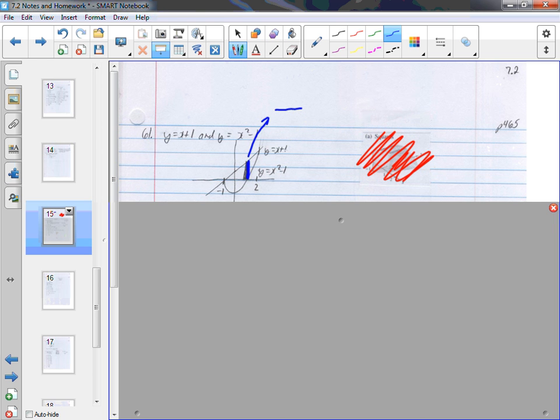So the little segment bounded by those two graphs is one side of a square. There's the square. Now, if I made another cross section right there, it'd be a smaller square, right? And if I made another cross section right there, it'd be a smaller square, right? So all the squares have different sizes.